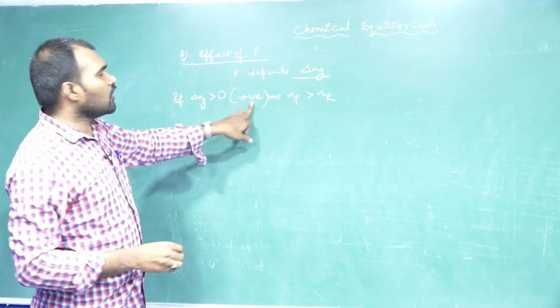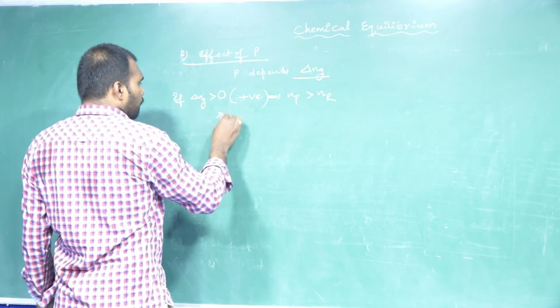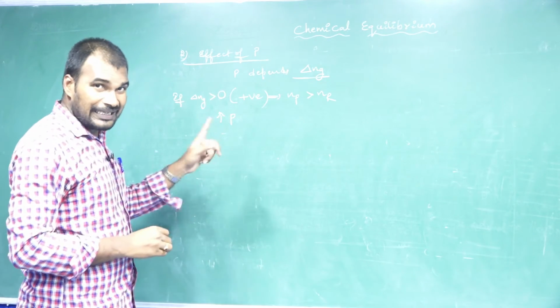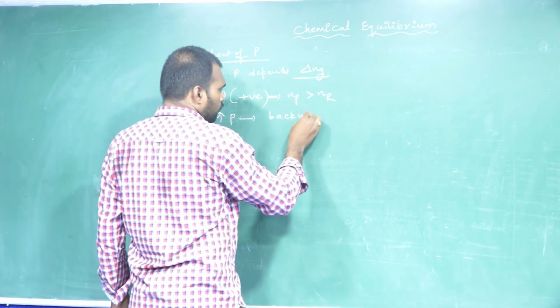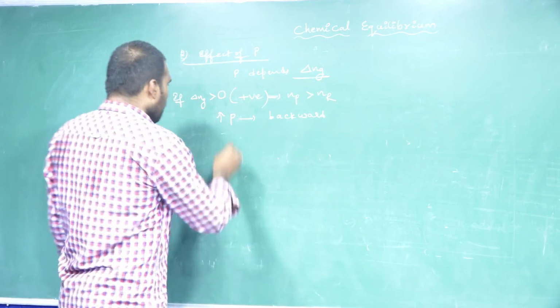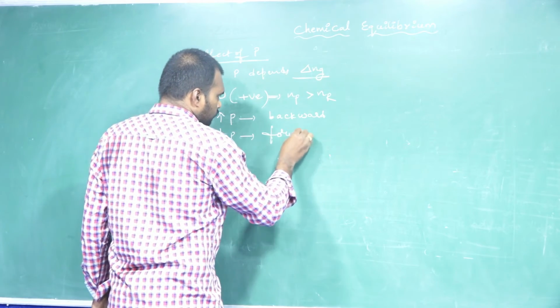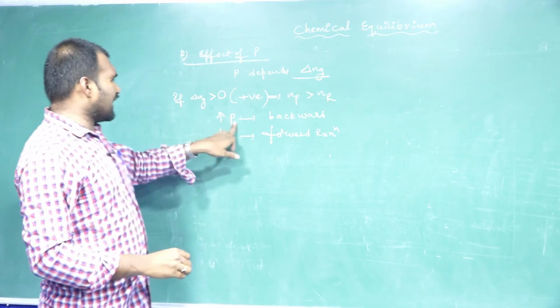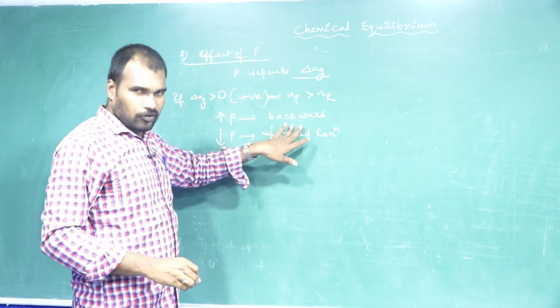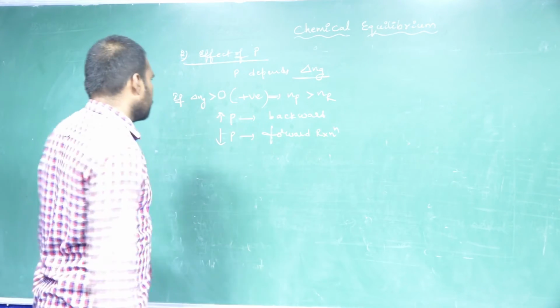So if delta Ng value is positive, then increased pressure is favorable to backward and decreased pressure is favorable to forward. Decreased pressure is always favorable to the forward reaction.